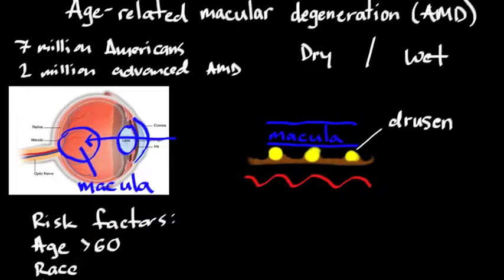Let's see if I can fit one more in here. And another one is family history. So if your mom or dad had macular degeneration, or your brothers or sisters had it, you are at much greater risk of having it. And the last risk factor is smoking. This is really one of the only risk factors so far that you actually have control over.